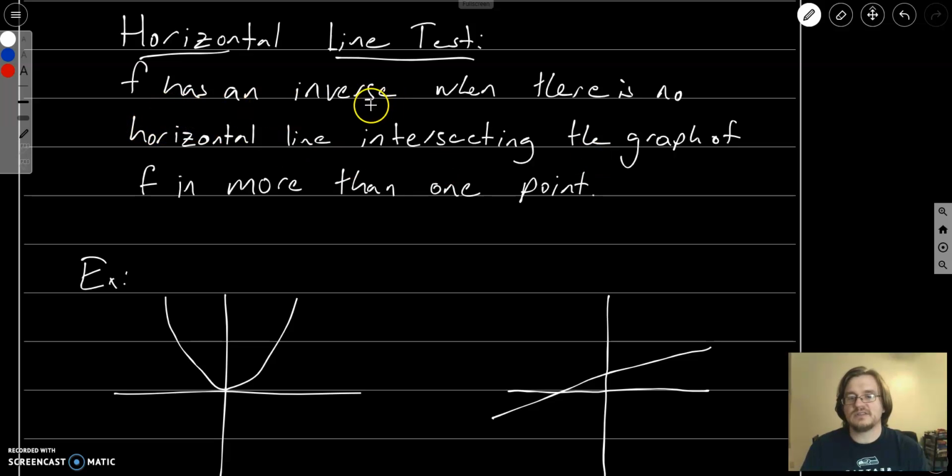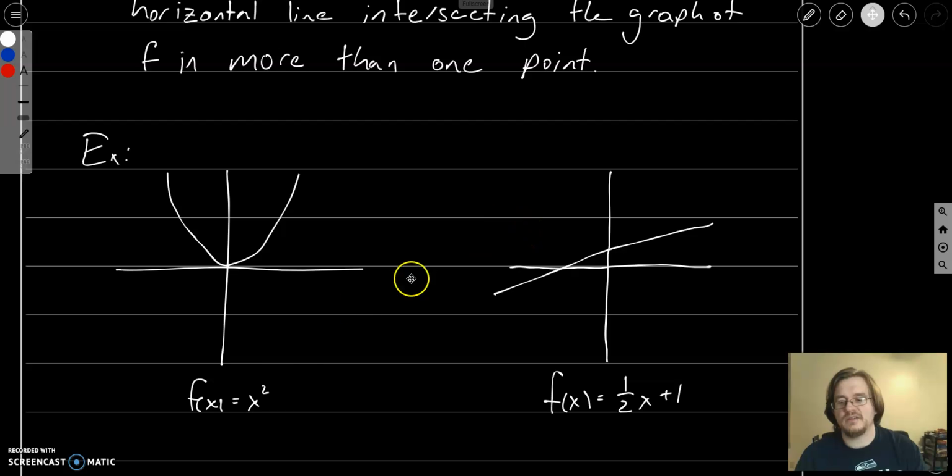If it has an inverse, then the horizontal line will only ever intersect it at one point. So here, for instance, is the graph of x squared, and we can see that if we draw a horizontal line through it, there are 2 places it intersects. So no inverse.